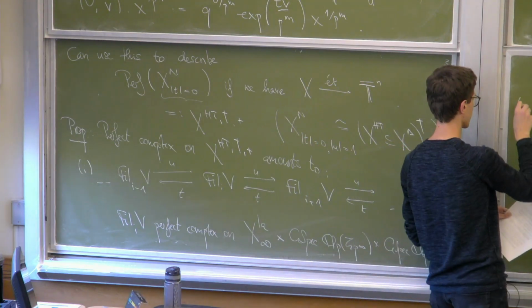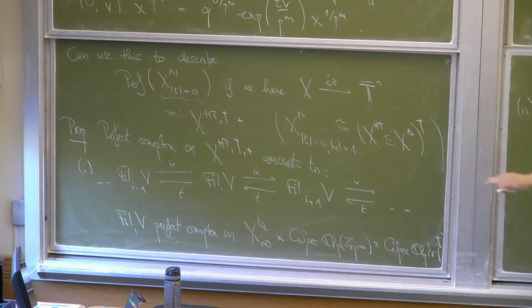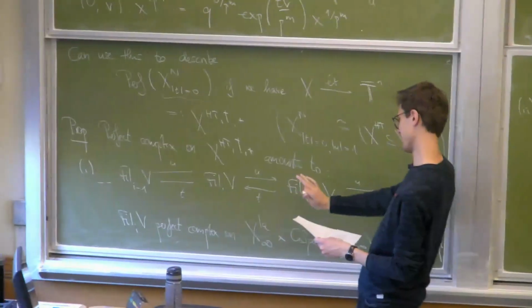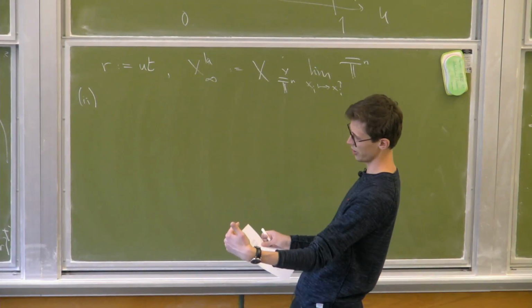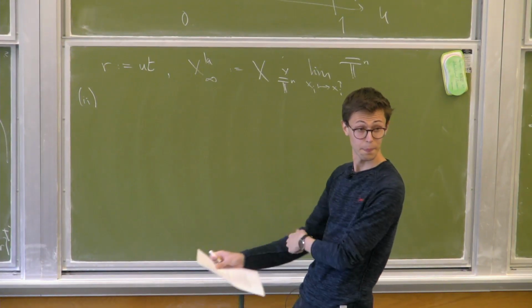Okay. So I have a diagram like so, and maybe you should think of this as a version of the hot state filtration, like the filtration in the U direction. Okay.